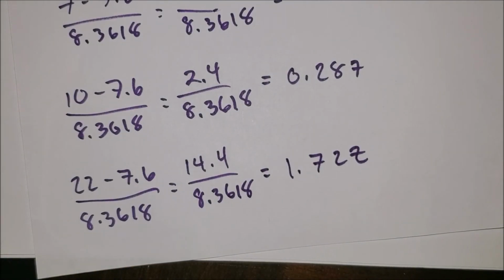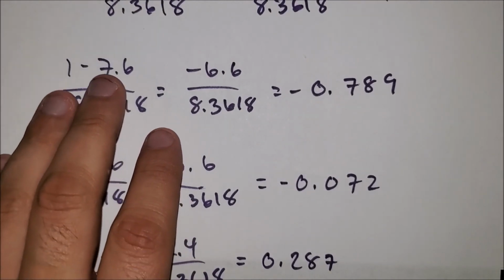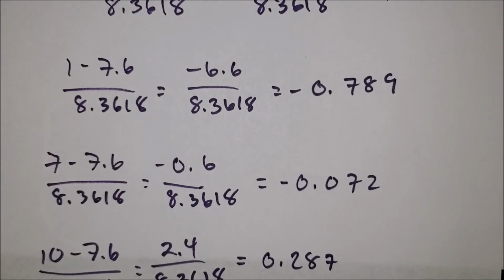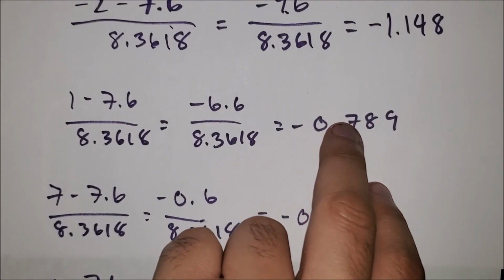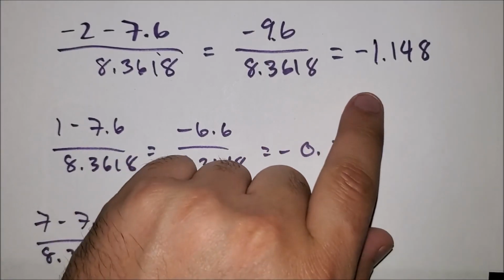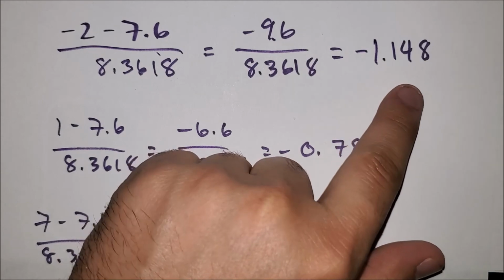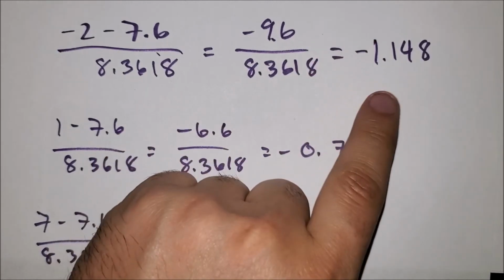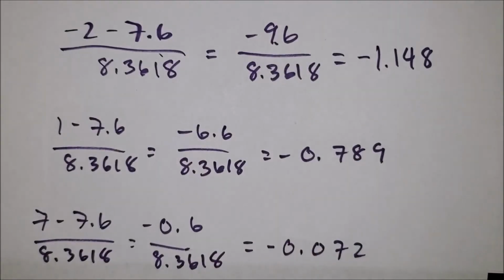So when we look at these z-scores, we see that -2 isn't exactly very close to our average, to our mean. This means that it's 1.148 standard deviations below our average.